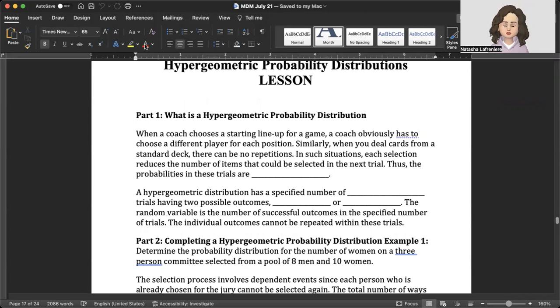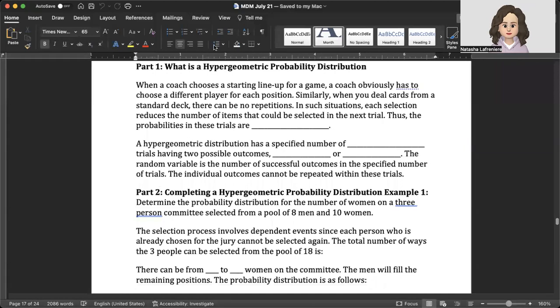So when you take out that 2 of hearts, it went from a stack of 52 cards down to 51, and then it'll be down to 50 and so on. So your number of items really decreases every time. Thus the probability in these trials are dependent.